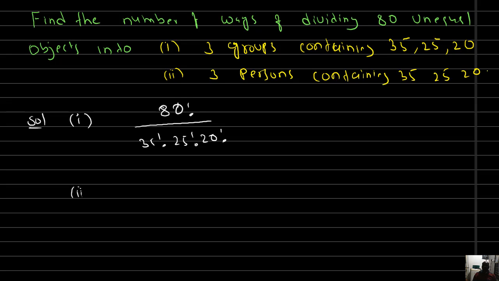For the second one, 80 factorial by 35 factorial into 25 factorial into 20 factorial into 3 factorial, among 3 persons. Okay.